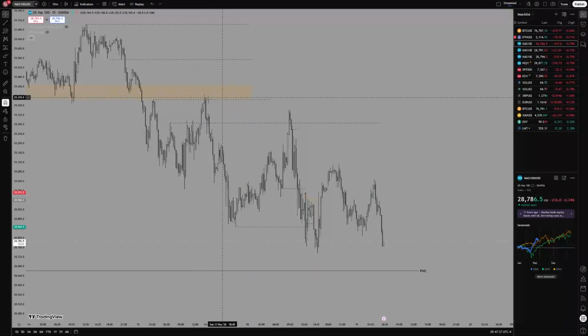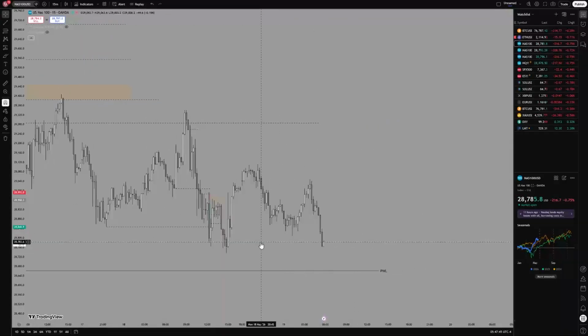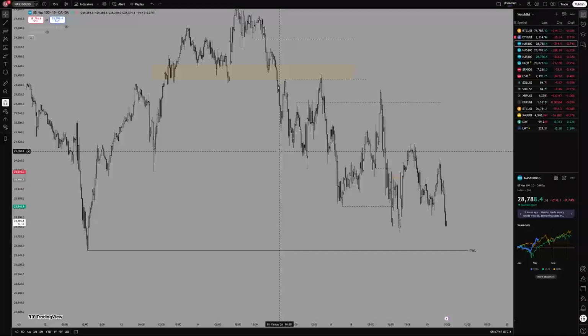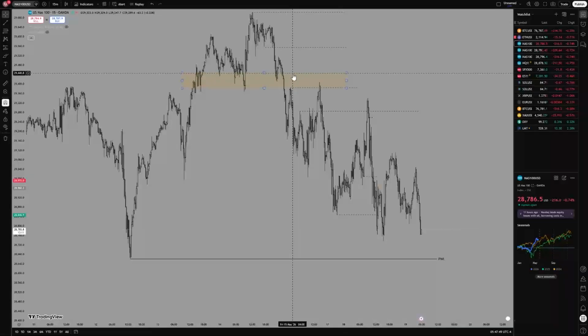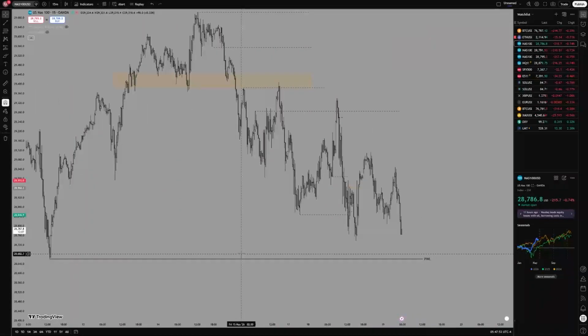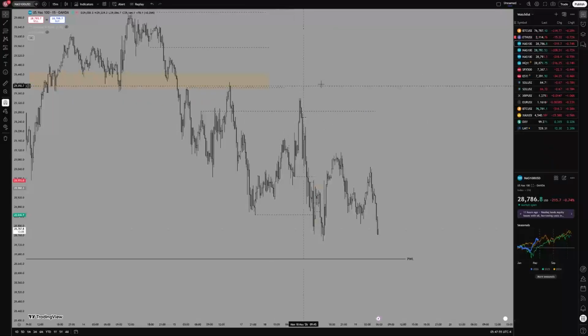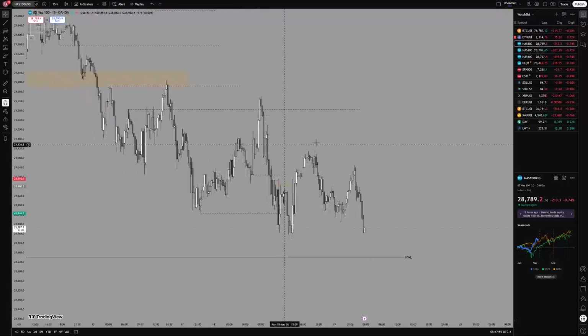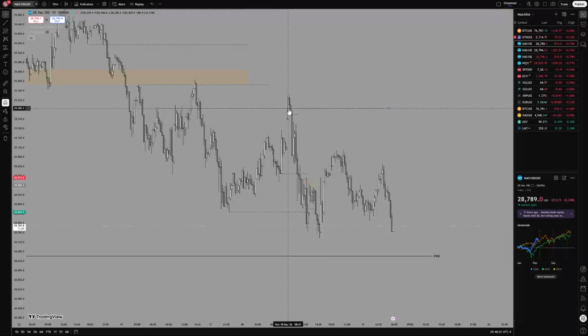So even if there is no IRL here, imagine it's just a random high. Are we trading towards the price's objectives? In this instance, after we shifted here, price's objective is to come back down here and fill in this imbalance. So I don't care if there is an IRL that we tap up here. I don't care about anything.